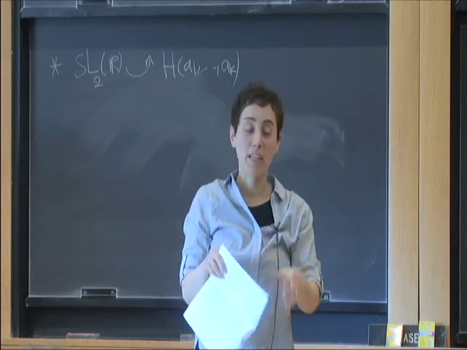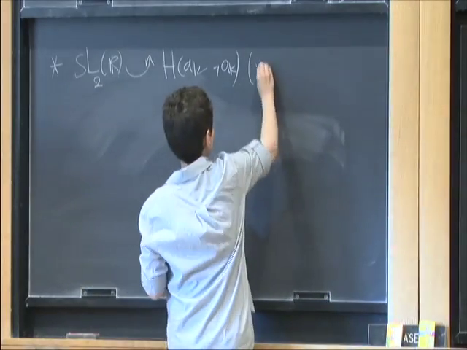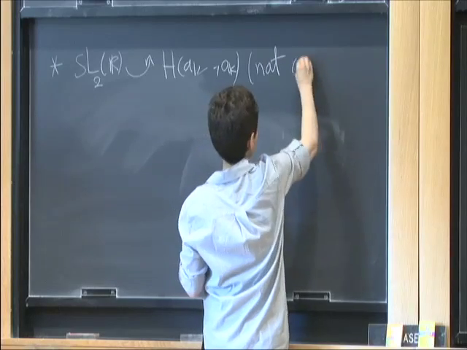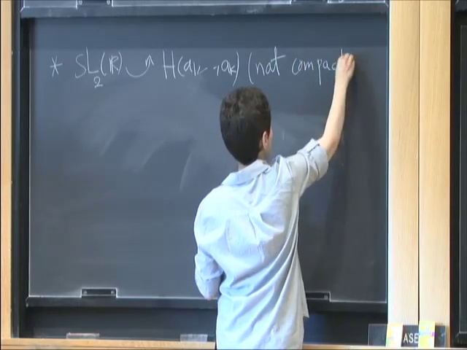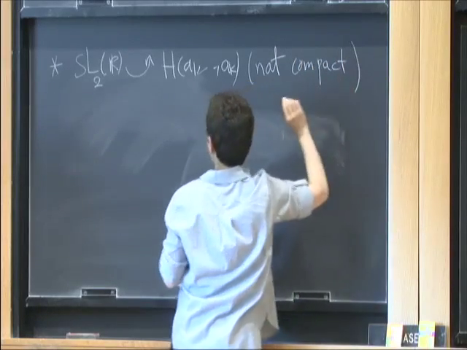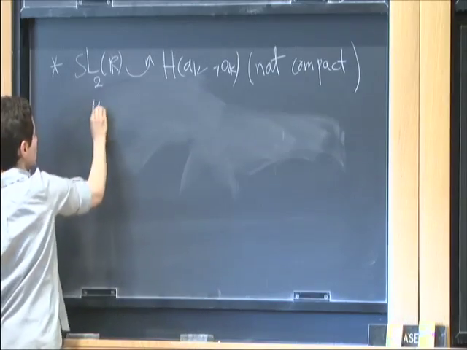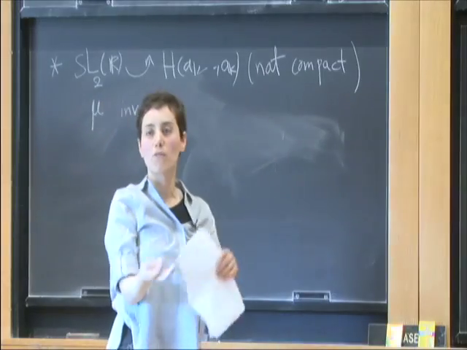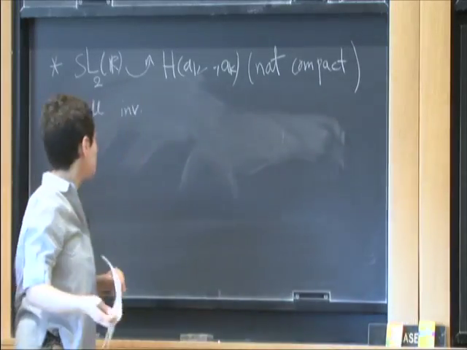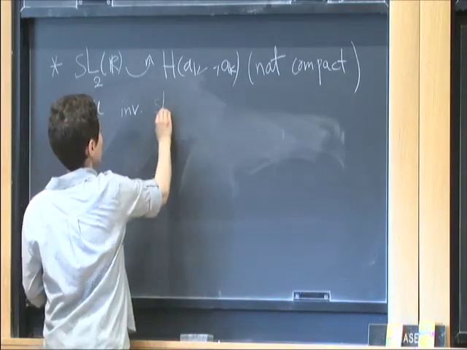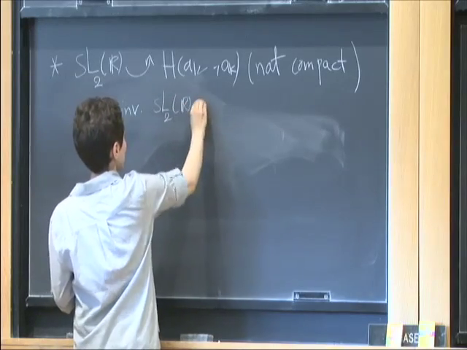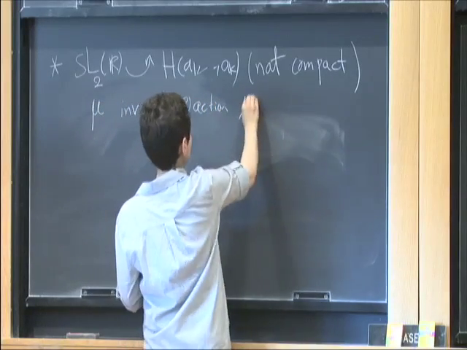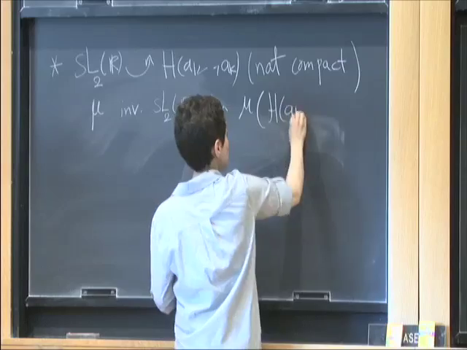You get some space which is not compact, but maybe next time I'll discuss this more. And it has a measure mu which is invariant. The piecewise linear structure gives you a canonical nice measure, which is invariant under the SL2R action.